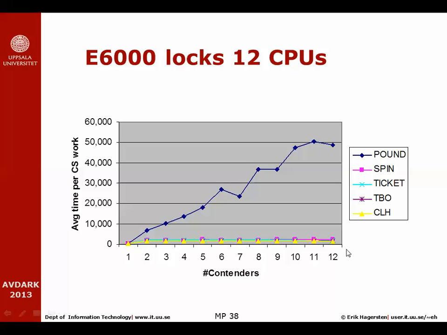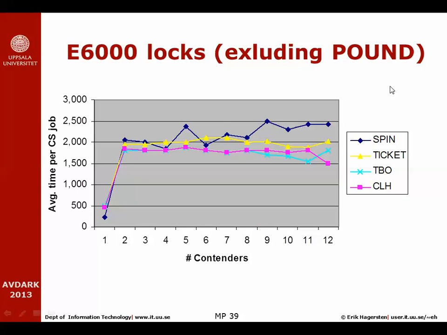You can see from this that maybe CLH is slightly better than the spin, but it's all dwarfed by how bad the pound transaction algorithm is. So taking the pound away, we get a better look at what's going on.